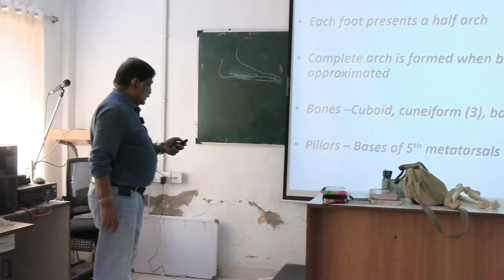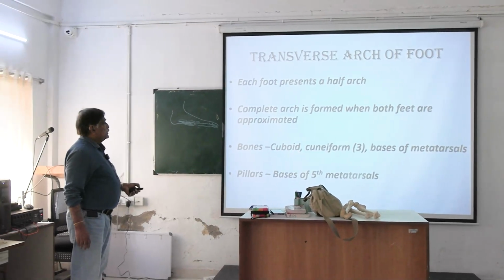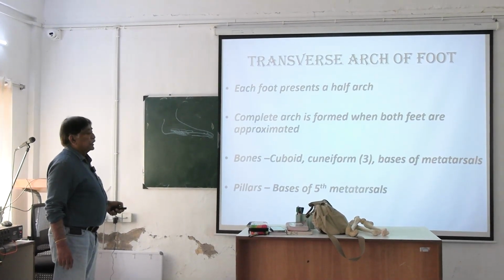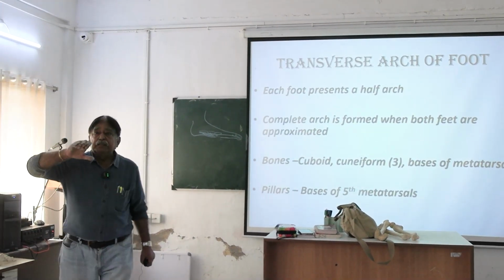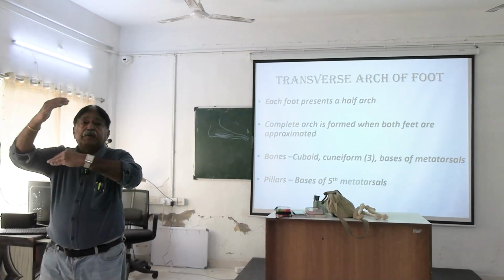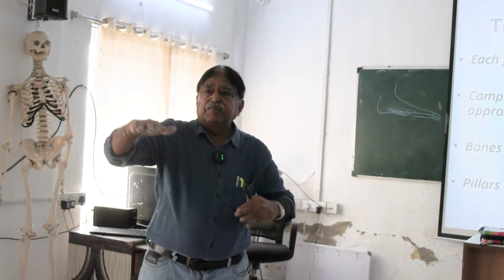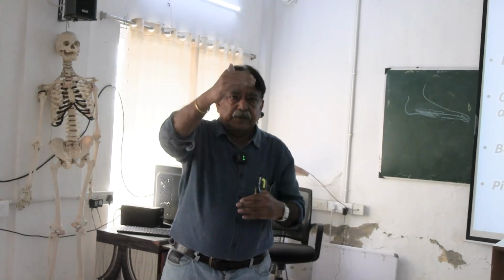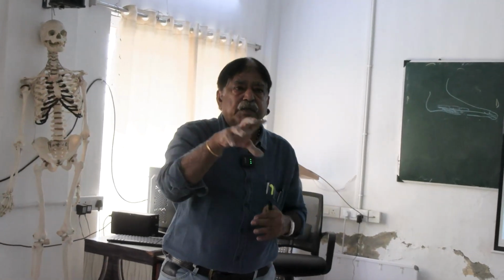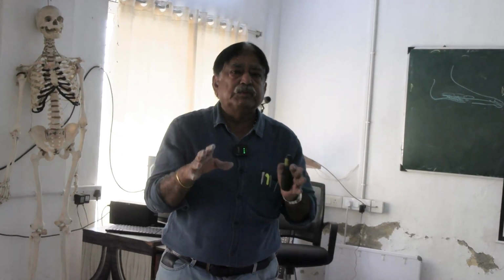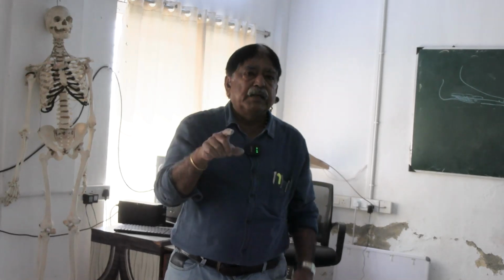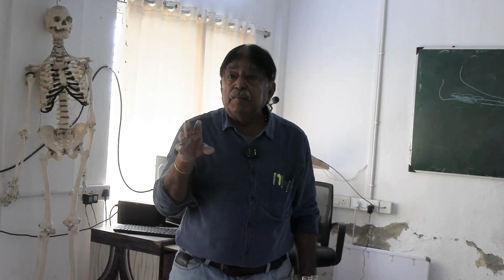Now, bones: cuboid, three cuneiforms and the bases of the metatarsals. You see the bones in the picture I drew of half of the foot, with three components of the foot according to the small bones and large bones, and also the metatarsal bones.